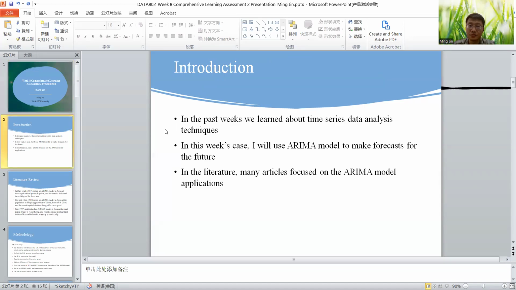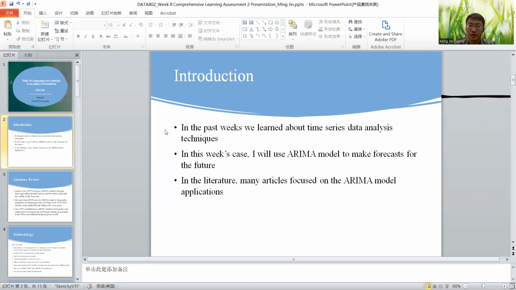Okay, first of all, let me begin from the introduction part. In the previous weeks, we learned about time series data analysis in this course of DATA802. And in this week's assignment, I will comprehensively use an ARIMA model to make forecasts for the future.